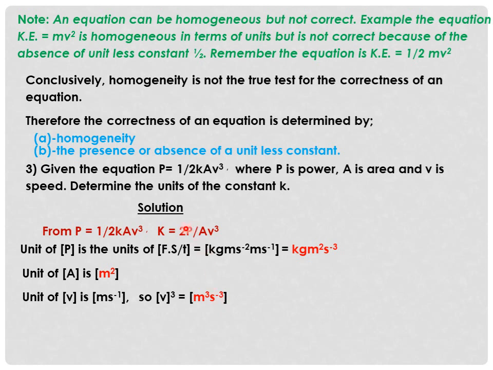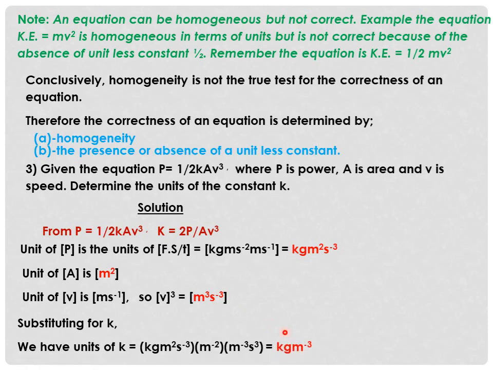So we will substitute for P, this is P, we substitute for A, this is A, we substitute for V cube, this is V cube, and we simplify. If we substitute, K becomes, we don't need to put a 2 because we are working out unit. 2 does not have a unit. 2 is a digit, it doesn't have a unit, so we keep it aside.